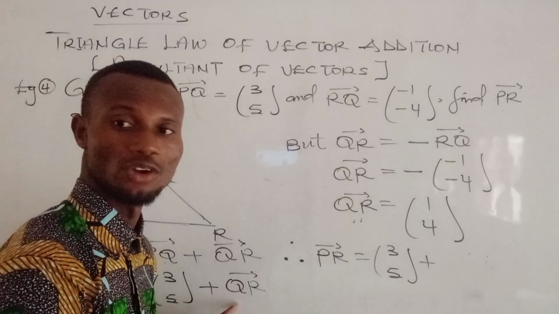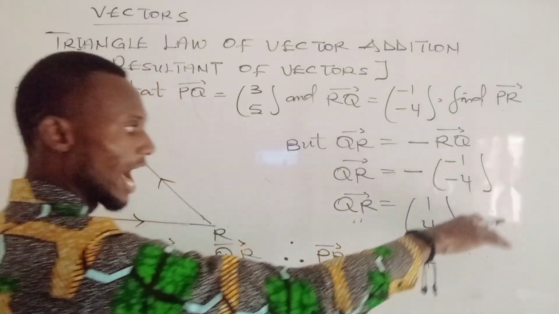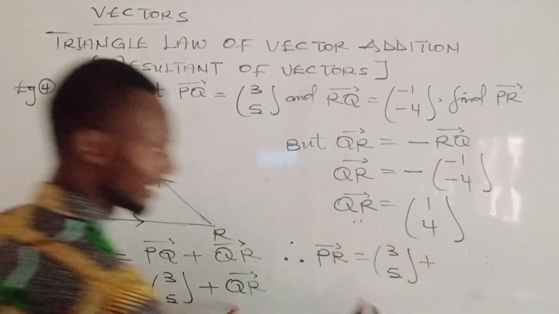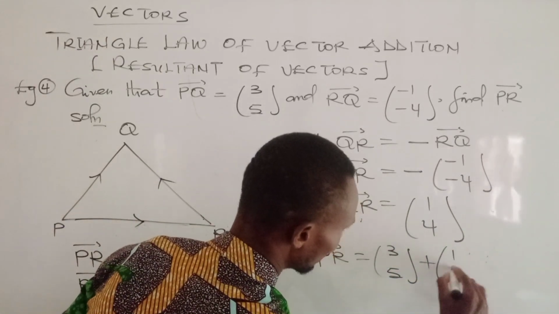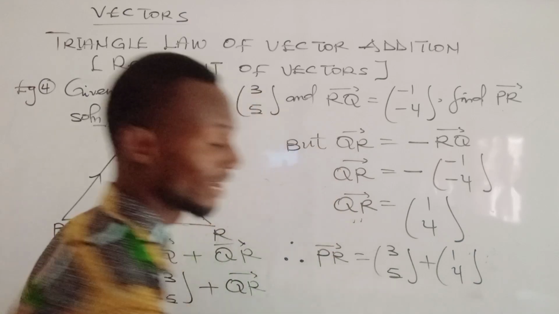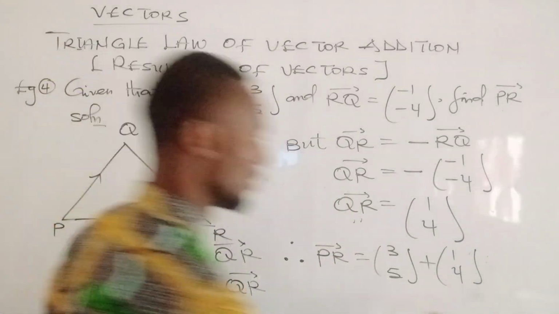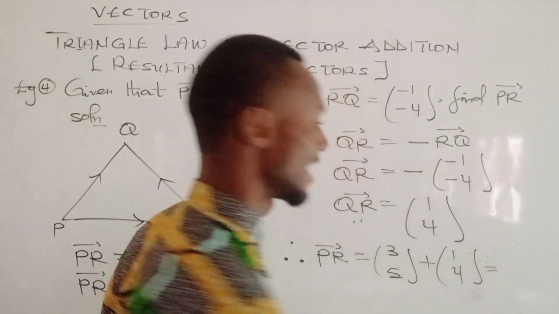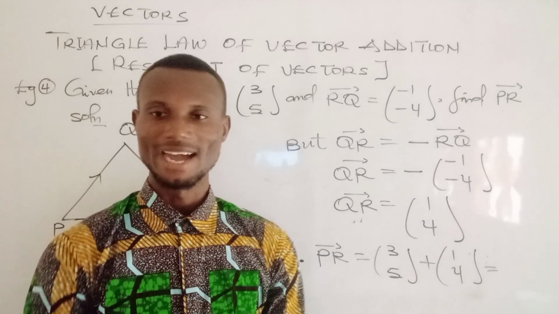I've gotten the value of QR. QR is 1, 4. So bring your 1, 4. I hope you understand up to this point. From here, we just need to simplify further to get our final answer.